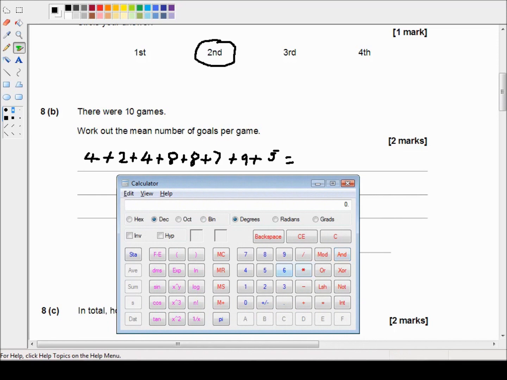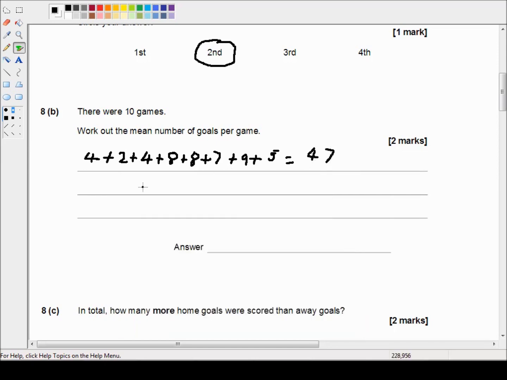Okay, so I've got my calculator, so I'm just going to plug these numbers in. 4 plus 2 plus 4 plus 8 plus 8 plus 7 plus 9 plus 5 is equal to 47, and then 47 divided by 10, because there are 10 games in all, is equal to 4.7.